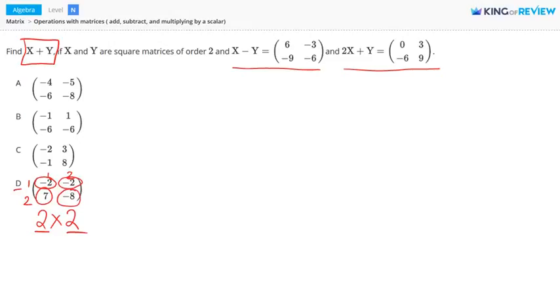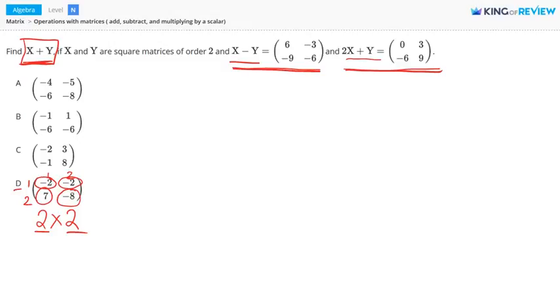So now let's look at our problem here. We're trying to find x plus y, and we're given these two equations. Let's start by simplifying these equations by adding x minus y plus 2x plus y.